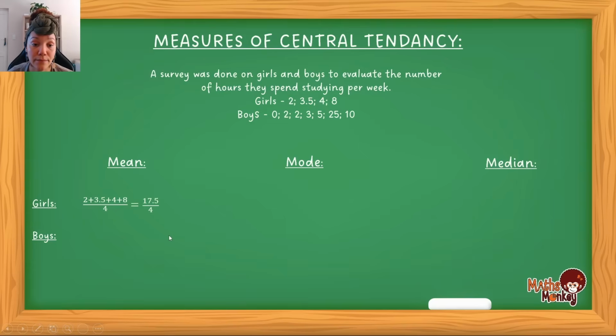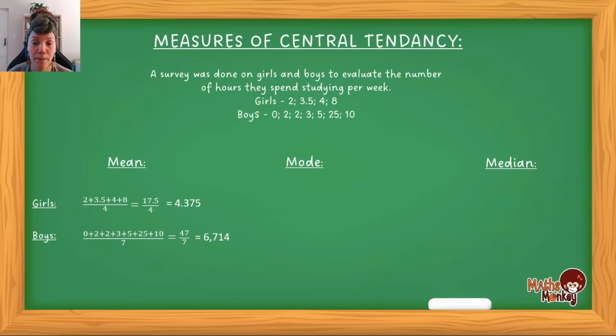That gives us 17.5 divided by 4, and our answer is 4.375 hours per week. The mean for the boys is exactly the same. We add the values together, then divide by the amount of numbers we have, which in this case is 7. So 47 divided by 7, and the average amount of hours that the boys study is 6.714. Okay, so that's how you do your average calculations.